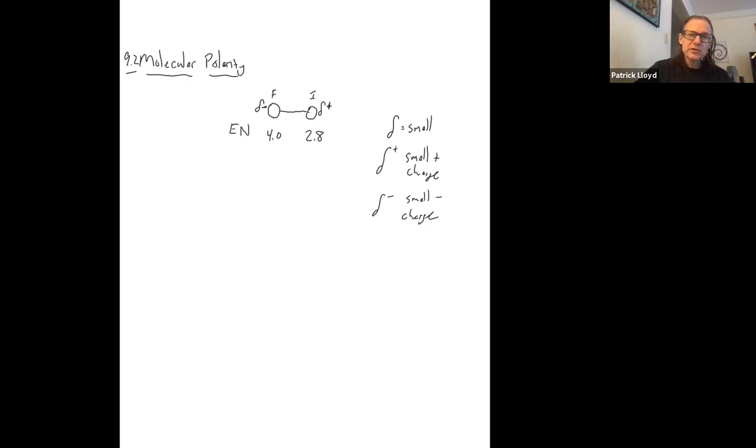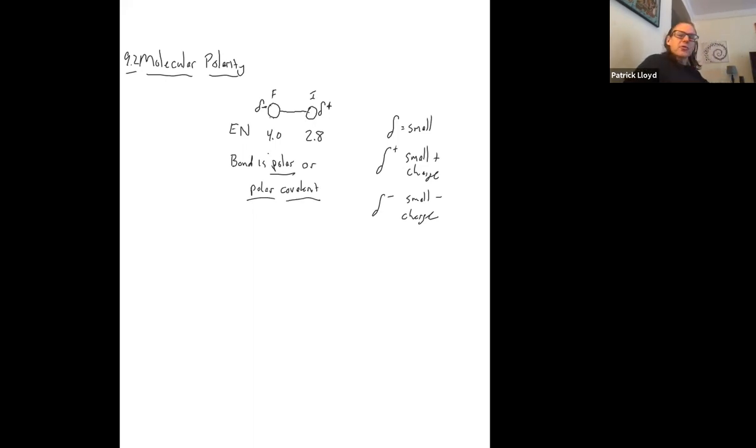It's a difference of about 1.2. So we would say that there are charges on that. And what we said was that we would then call this bond polar. Or some people call it polar covalent, because it's still sharing electrons, but it's a polar bond.